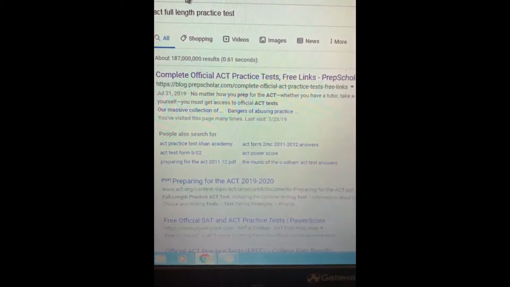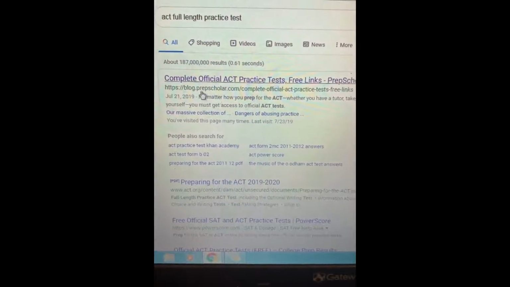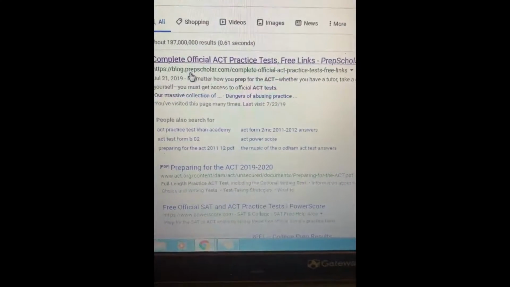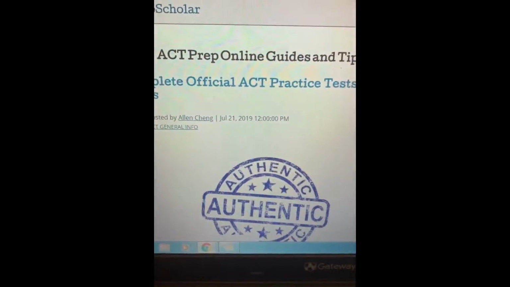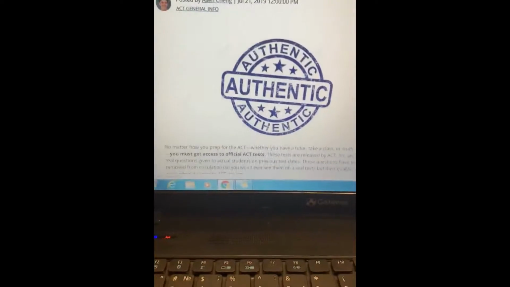So now let me show you how to get to the ACT. It's pretty similar to the SAT, except it's not on the ACT website itself, but you can get to it. Jump on Google, ACT full-length practice test. The very first thing that comes up is from Prep Scholar, and you might be able to find this in another link too, but it's just the first thing that pops up, and it works.